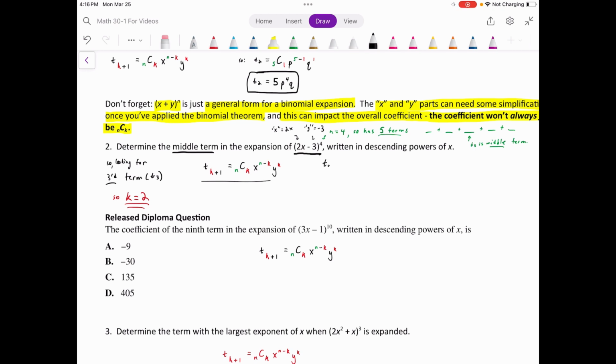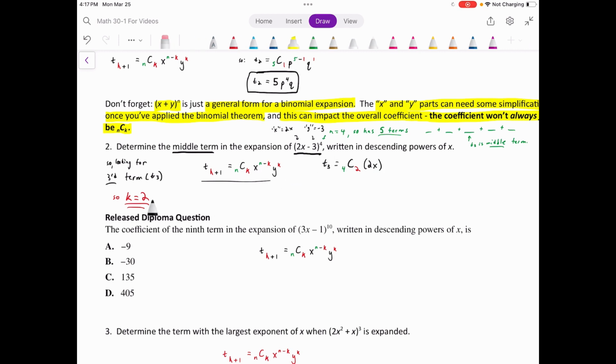So the third term, the middle term, T3, will be n choose k. So 4 is n, choose 2. That's our k. Times our x, but be careful, it's not x, it's whatever the first term is. This is a placeholder. So it's 2x, and that's all, including the 2, to the power of n minus k.